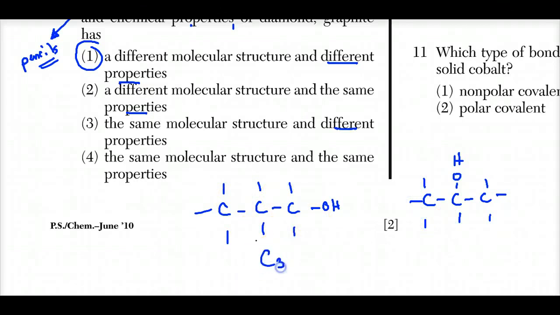This is C3H8O, and this is also C3H8O. The dashes represent H's. So they have the same chemical formula, but they have different properties. 1-Propanol is an alcohol that we could ingest. This 2-propanol is an alcohol that's very deadly. Of course, these have 2 different structures and 2 different properties. Structure is king. Choice 1.